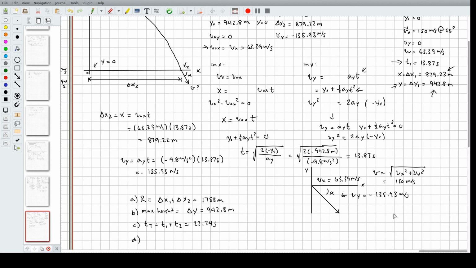Alpha is the arctangent of opposite over adjacent. The opposite side is minus 135.93 meters per second. The adjacent side is 63.39.